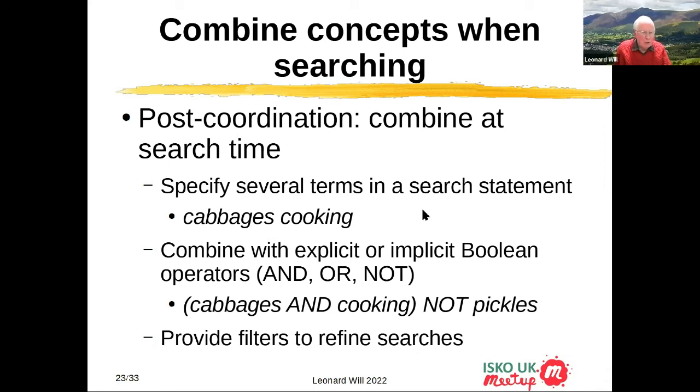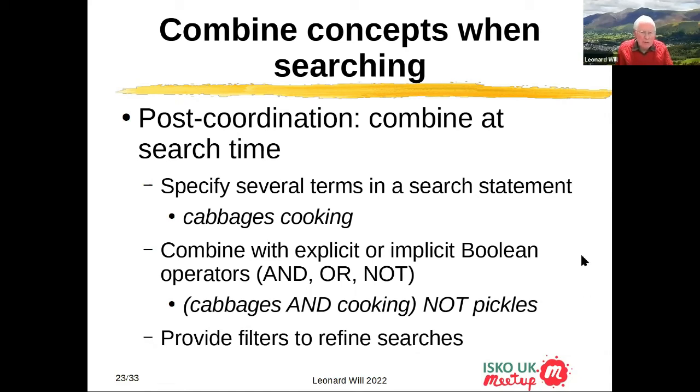So they might want to put in a Google box, for example, cabbages cooking, just two terms, and expect the system to look for documents, look for resources which combine those terms. Or you can make it explicit and say that you want to do a Boolean statement, cabbages and cooking, not pickles, for example.